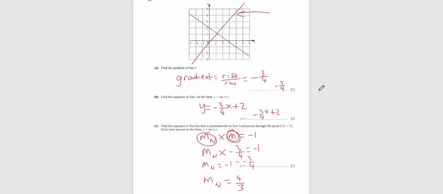Okay. So then we still use this one, y equals mx plus c. So we know the gradient, which is 4 over 3x plus c. Now, we need to know the value of c. So to find the value of c, we are given that the line actually passes through 12, negative 7. So we can use this point and substitute into our y and x to find the c.